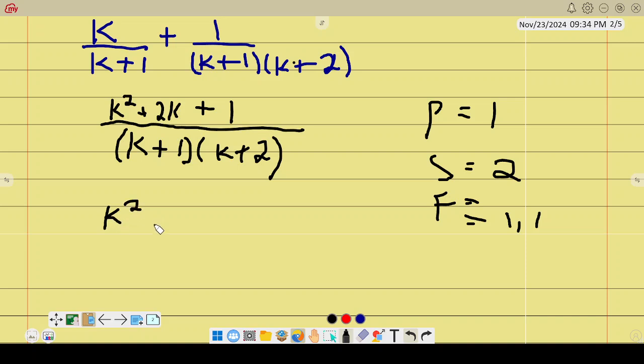So k squared plus 1k plus 1k, again plus 1k.